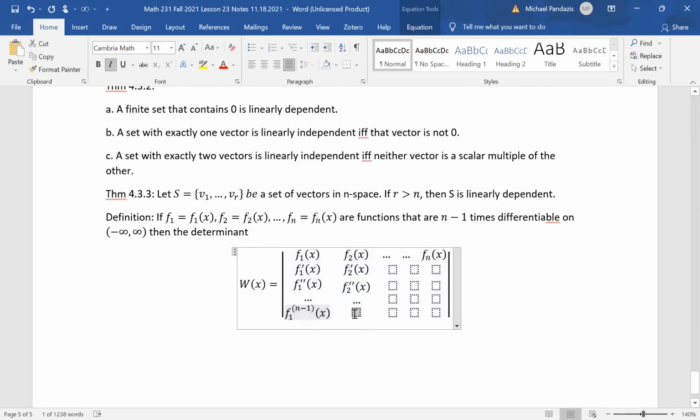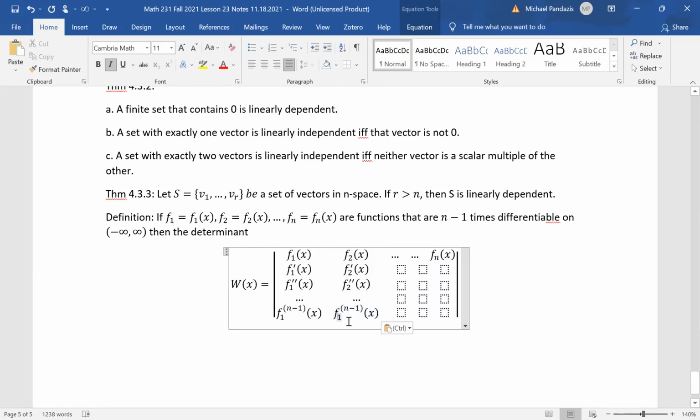I'm just going to change the subscript here; this is f sub 2. And I'm going to put dot, dot, dots everywhere else.